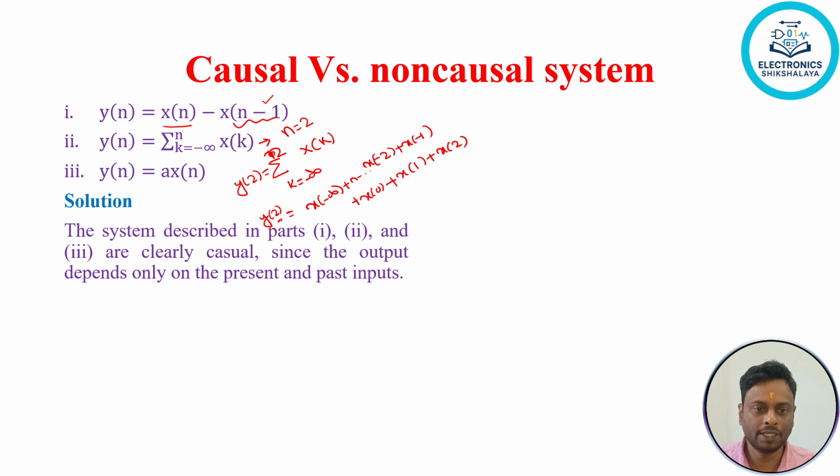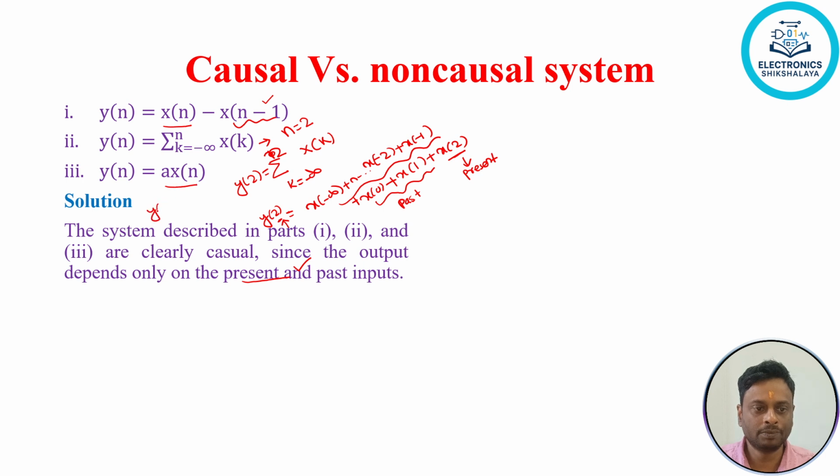Here n equal to 2, so these are all the past values of the input samples, because n equal to 2 means minus infinity to 1 are the past input samples, and x of 2 is the present input sample. In this case, the output depends upon the present and past values of the inputs. That is why the system is the causal system.